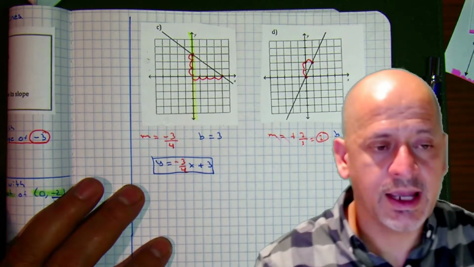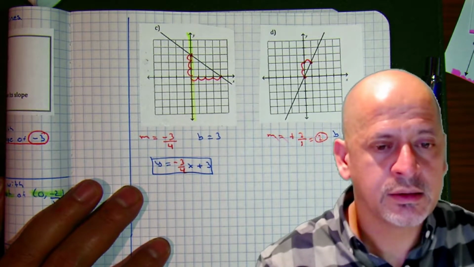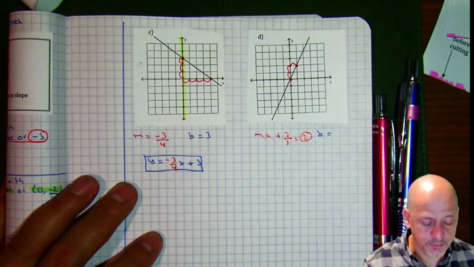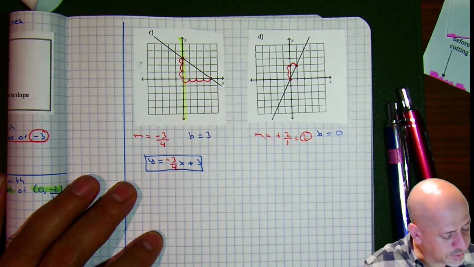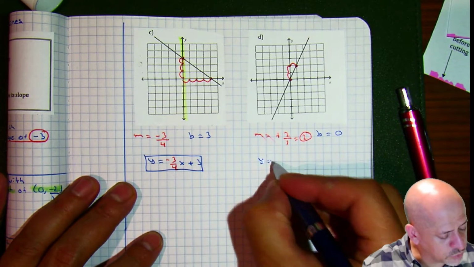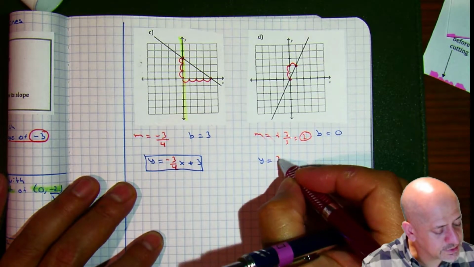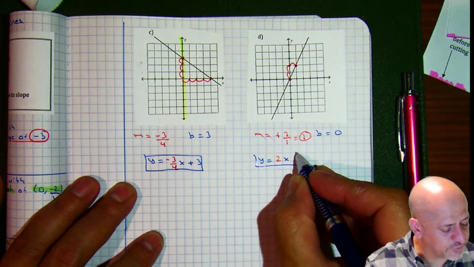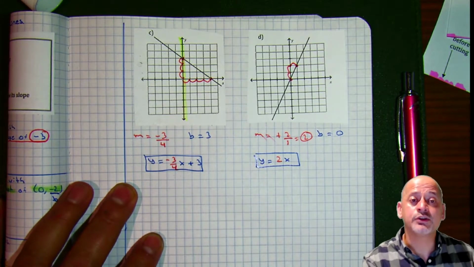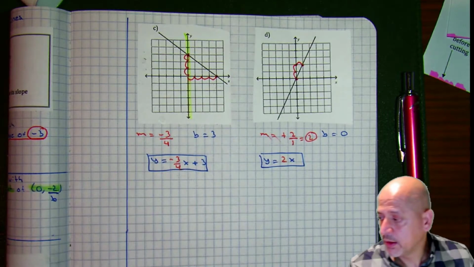It crosses the y-axis at 0. Correct. And therefore, my equation will be y equals my 2x plus 0. But I don't need a 0, so I'm just going to leave it as that. Now, if you want to place a +0, that will be perfectly okay.